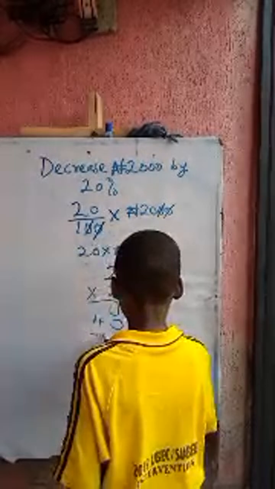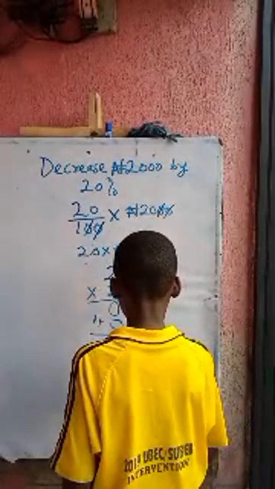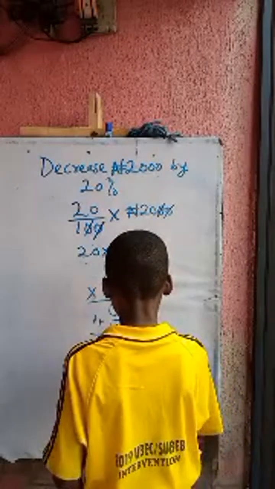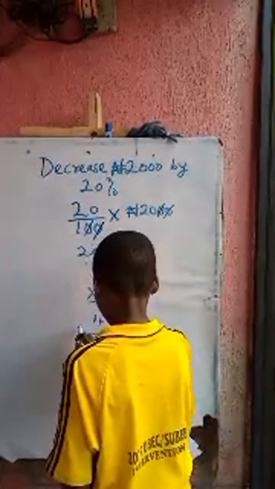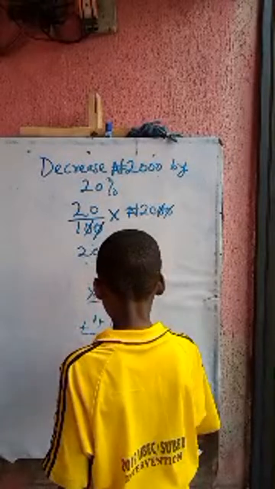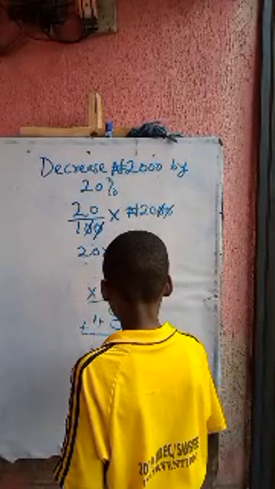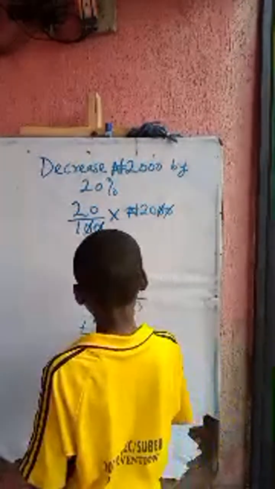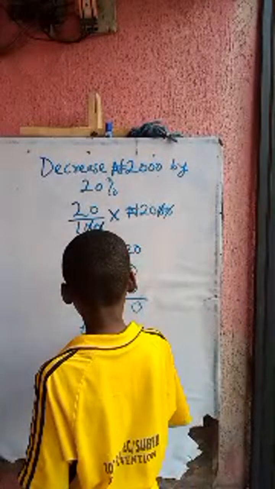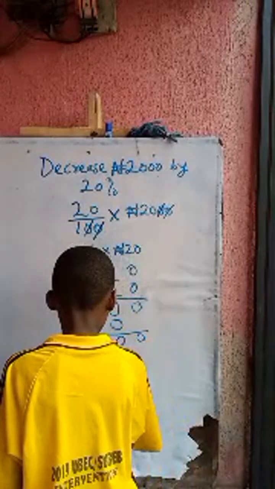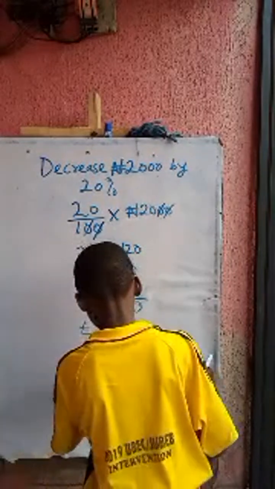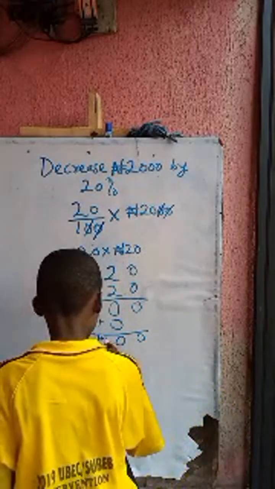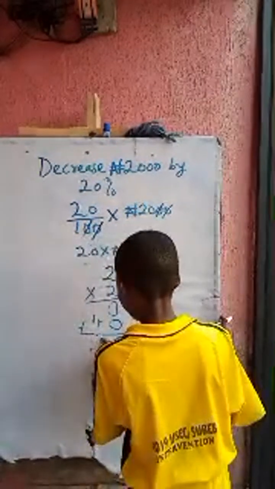We add in this part: 0 plus 0 is 0, and 0 plus 4 is 4.